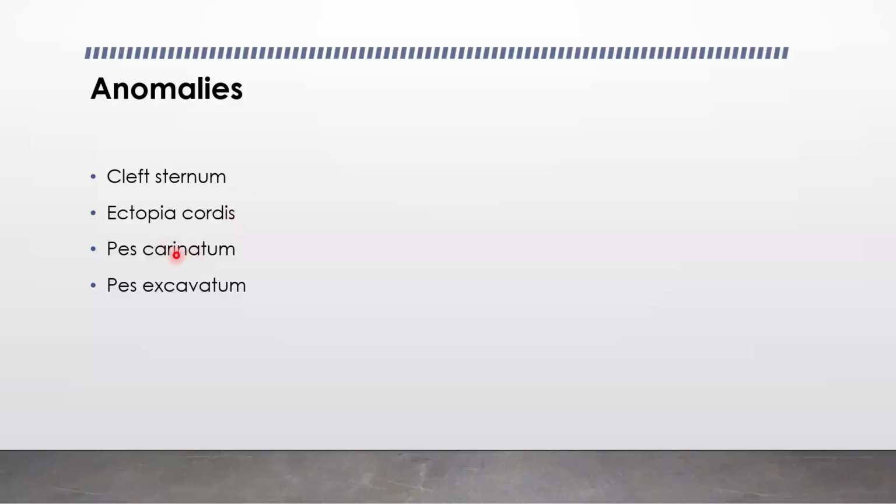Then for pectus carinatum, carina is related to pigeon. So like the person has pigeon chest. Pigeon chest. So the chest that is projected anteriorly, more anteriorly. For excavatum, a cave. So the thorax looks like a cave. And that one you can appreciate here.